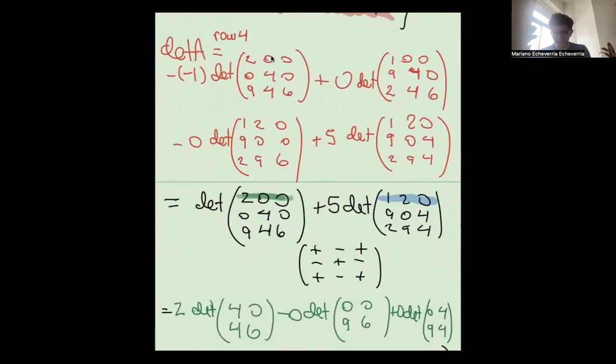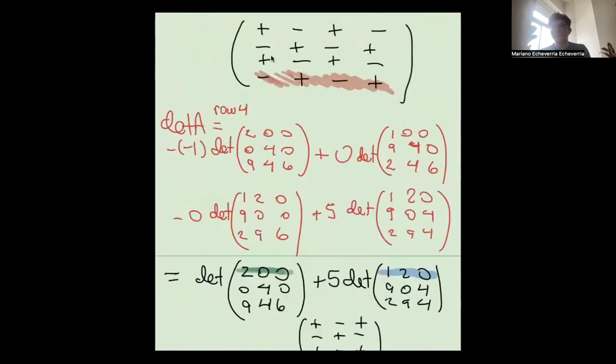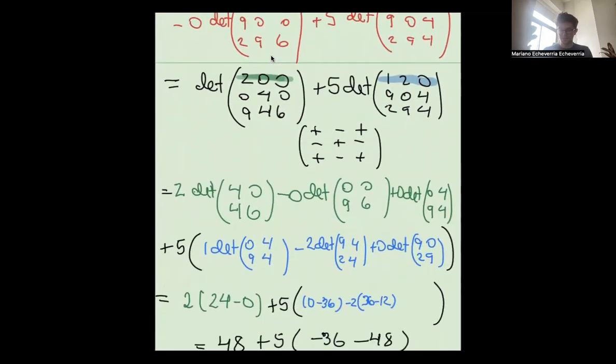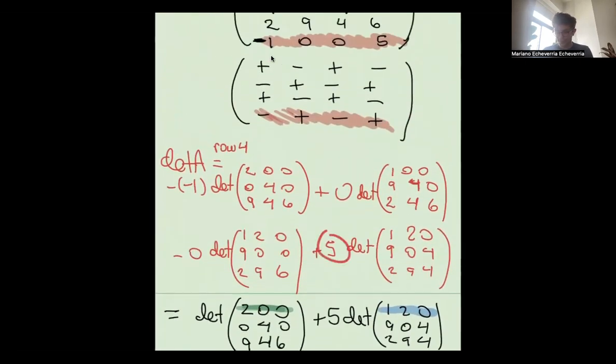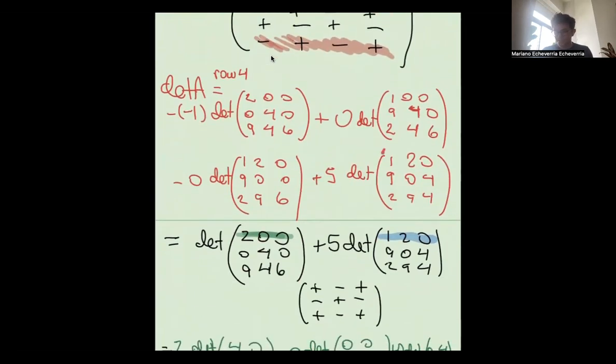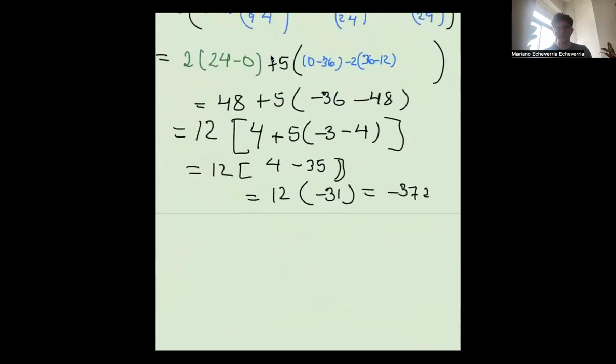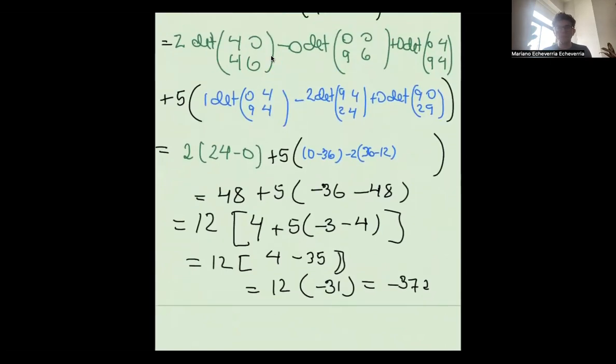In reality, you can multiply up to four numbers in the 4 by 4 case, because there's the first coefficient, then the determinant of 3 by 3, which involves another coefficient, and then a determinant of 2 by 2. And so in general, in an n by n matrix, you may end up multiplying n numbers together.